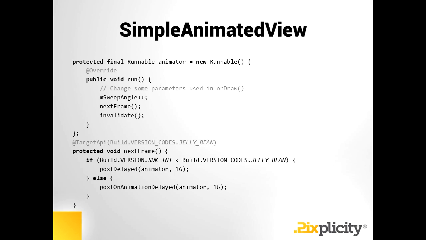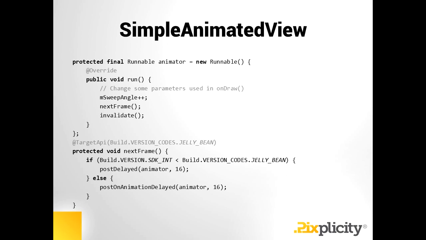So here at the bottom, I have included a little bit of Jelly Bean logic. I'm going to be running my animator runnable on the vsync. And the 16, of course, you might ask, what is that kind of arbitrary value? That's, of course, 1 second divided by 60 frames. So that's in milliseconds.